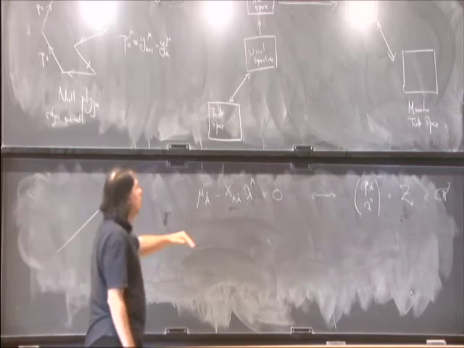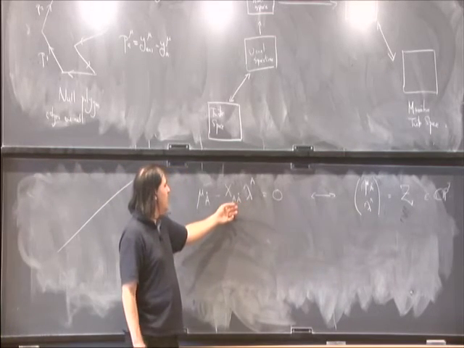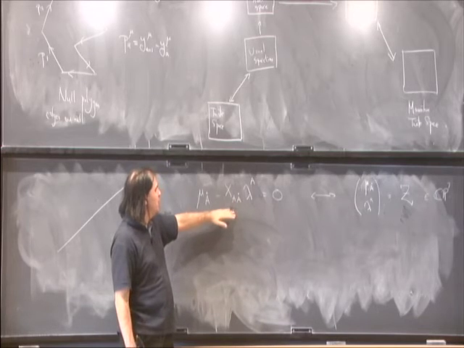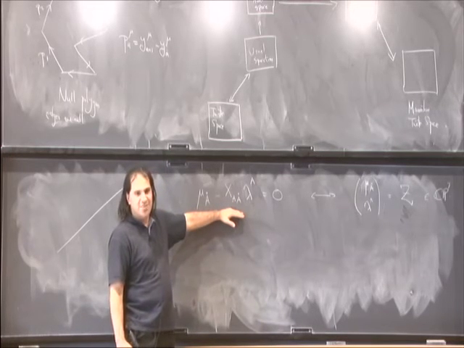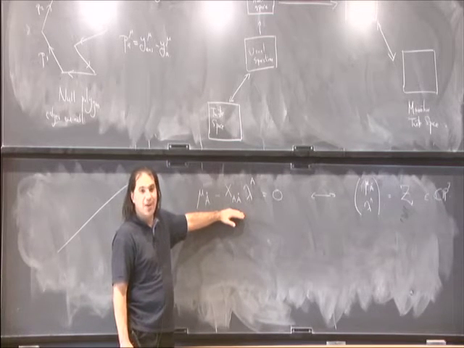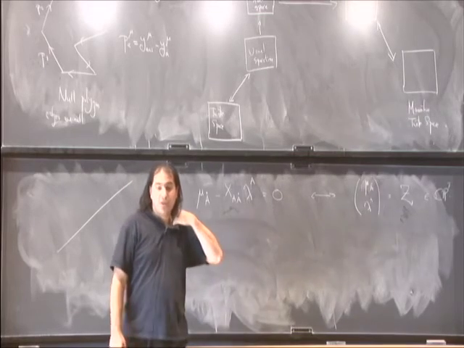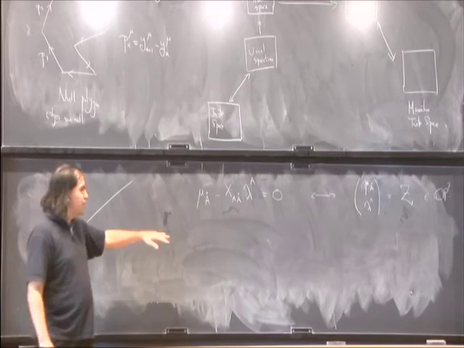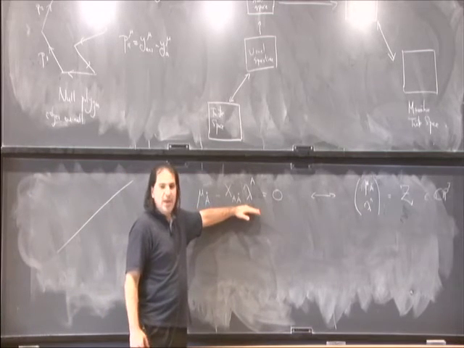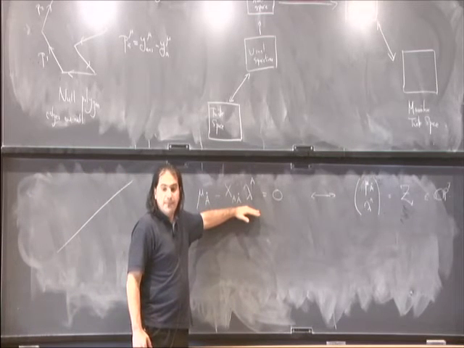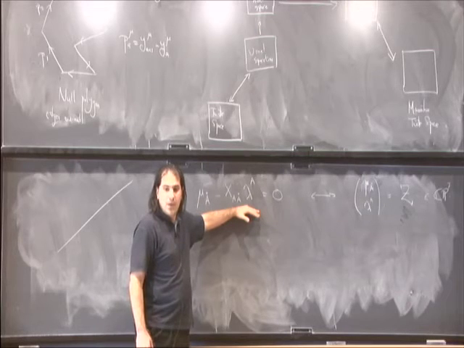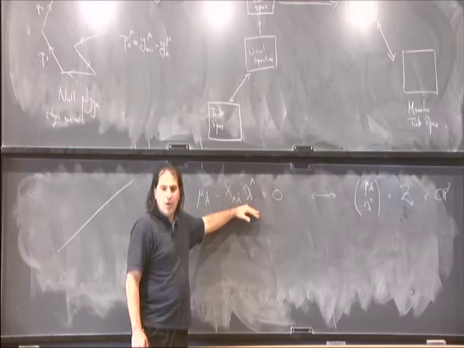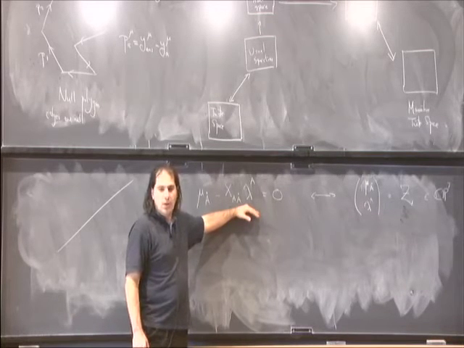Do you understand that? Do you agree that this is a null line in Minkowski space? For me, this was a story in Lorentz space. I don't understand how you go to Minkowski. Here we have just mu and lambda.